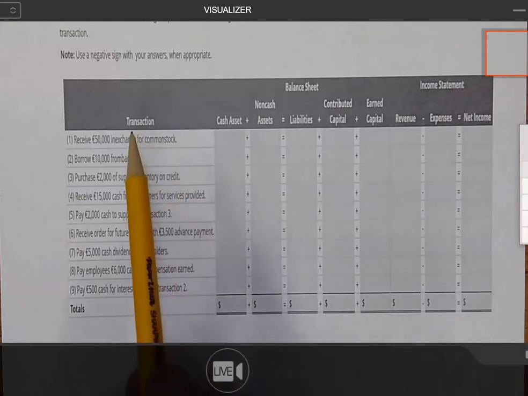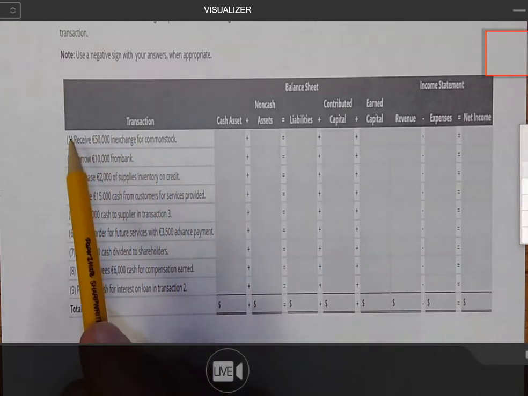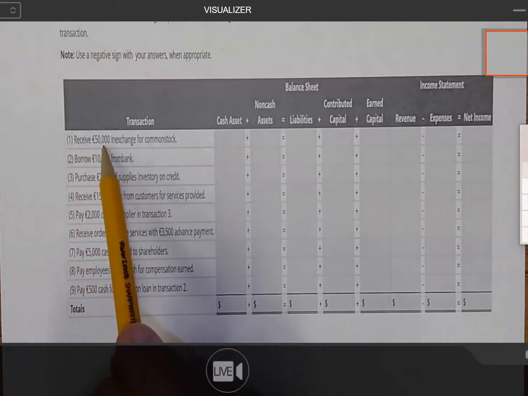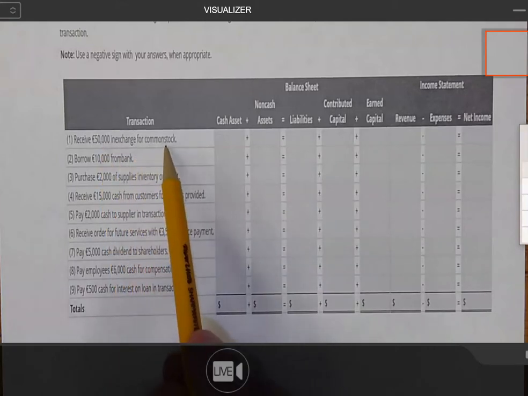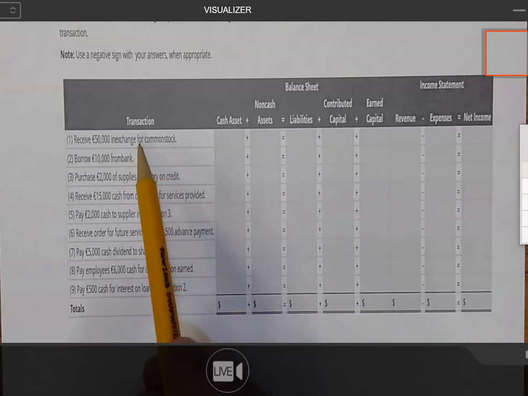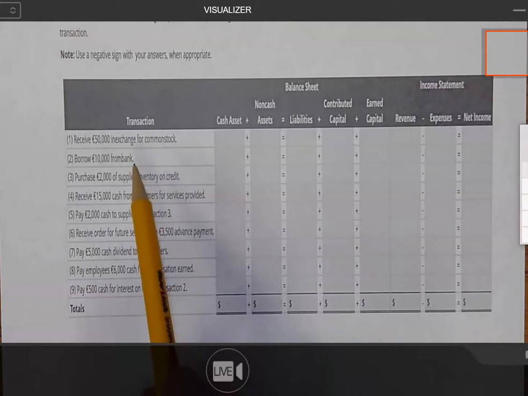So our first transaction up here says we're going to receive 50,000 euros in exchange for common stock. For whatever reason, the spacing on some of these is a little bit off. So in exchange is 2 words, common stock 2 words, and so forth. Looks like there's several of those as we get through here.